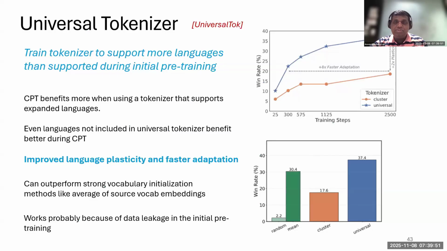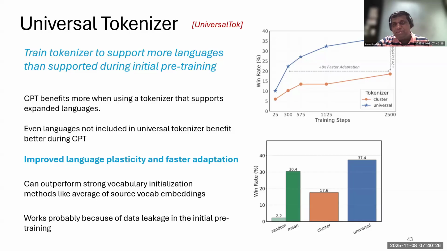So one approach is to use a universal tokenizer. When you train the initial pre-trained model, we could have a universal tokenizer that covers most languages in script, even if they are not included in the initial pre-training. What we can see is that if we do the pre-training in this way, the resultant tokenizer is actually much easier to adapt to new languages compared to even approaches like average initialization.